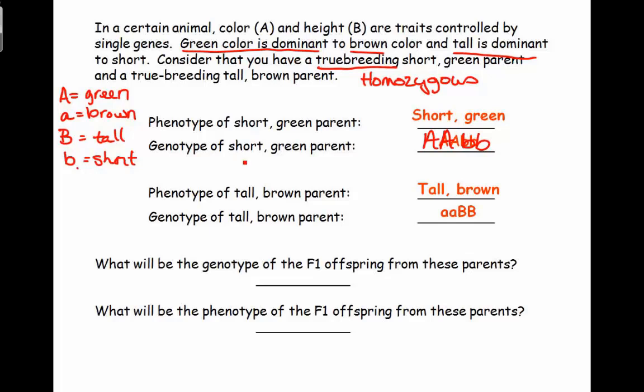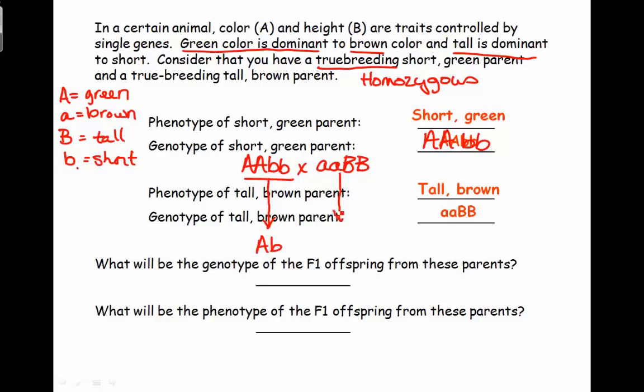So we had our parent with capital A and lowercase b, and we're crossing that with the other parent. And we want to know what will be the genotype of the F1. Well, to figure out the genotype of the F1, we've got to figure out what gamete we're getting from each parent. From that parent, we're always going to get a capital A with a lowercase b.